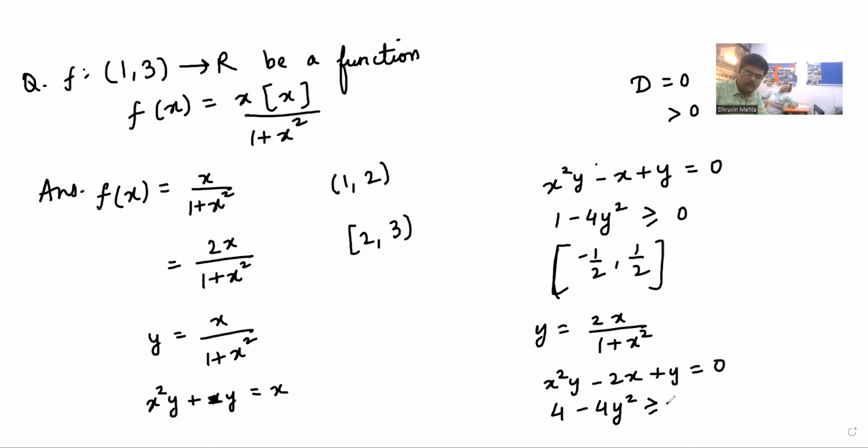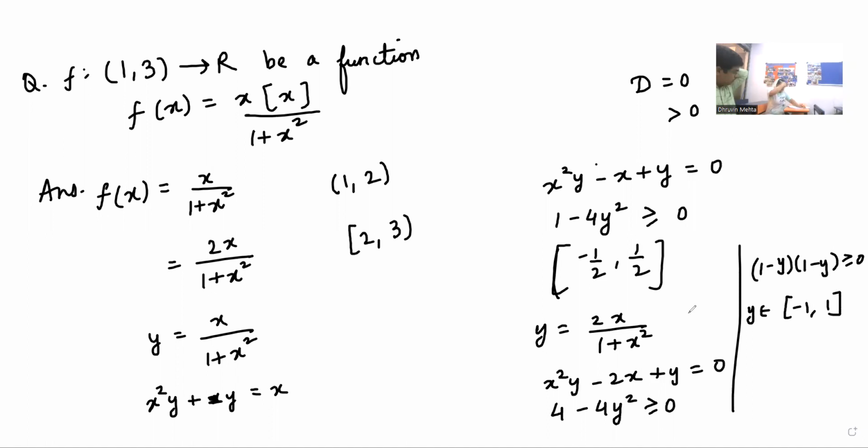I think I made a mistake, because 4 is common and cancels. You'll be left with 1 minus y square, which is 1 plus y times 1 minus y. You'll get it between minus 1 and 1. Oh, I made a mistake here. Sorry.